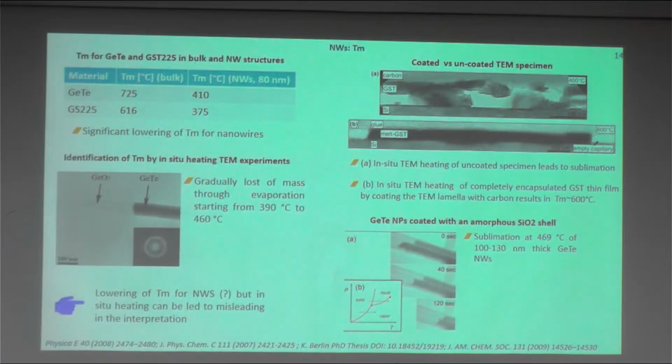And then after coating, such GST thin film, you see the melting of the thin film starts at 600 degrees C. Here, if you also coat nanoparticles with amorphous CO2, then you find also some melting and sublimation which starts at this temperature, 470 degrees C, and it's much lower than the bulk melting temperature.